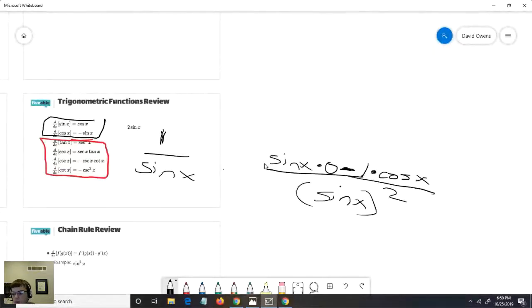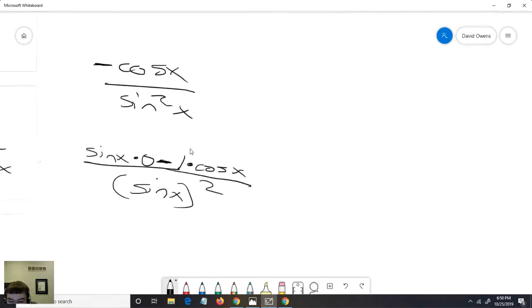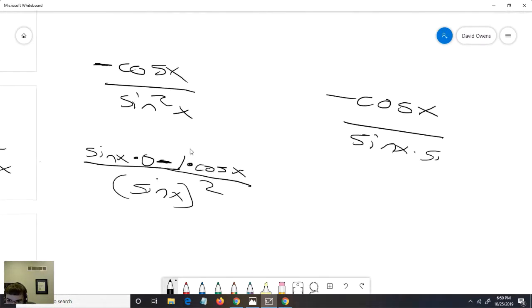And simplifying this again, we're going to see that we get negative cosine x over sine squared x. So once again, it doesn't look a whole lot like this, but you can maybe see where this is going. If we simplify this, we get negative cosine x over sine x times sine x.